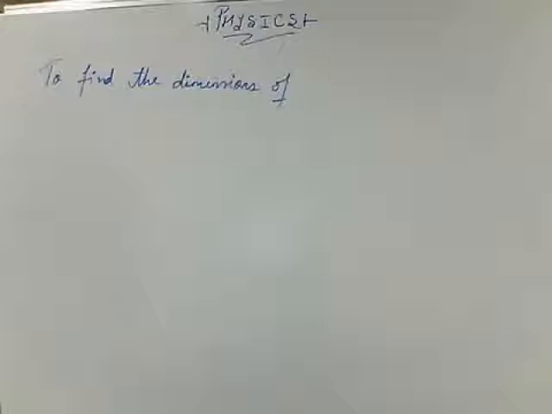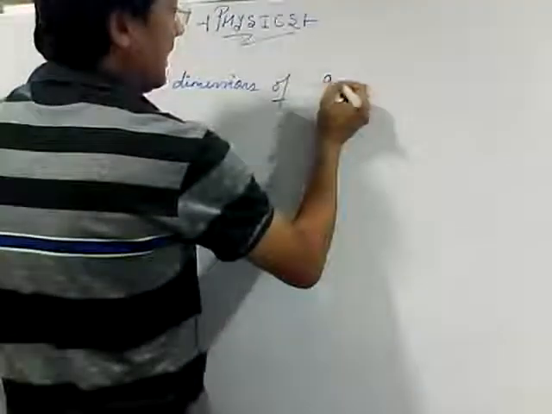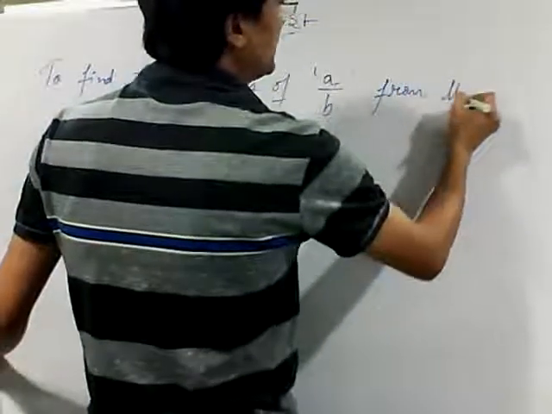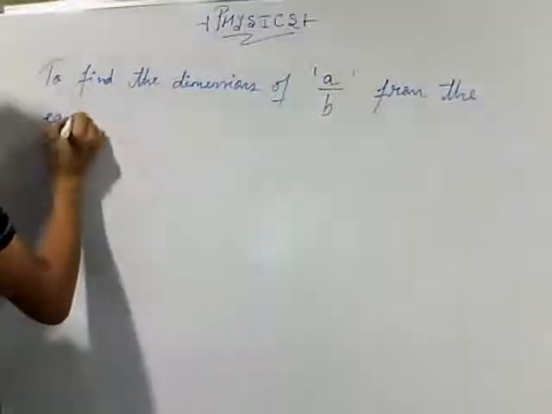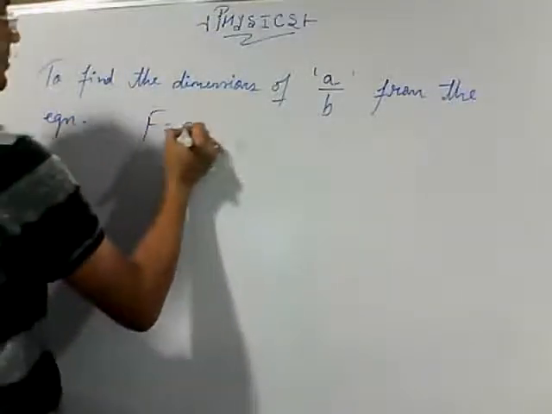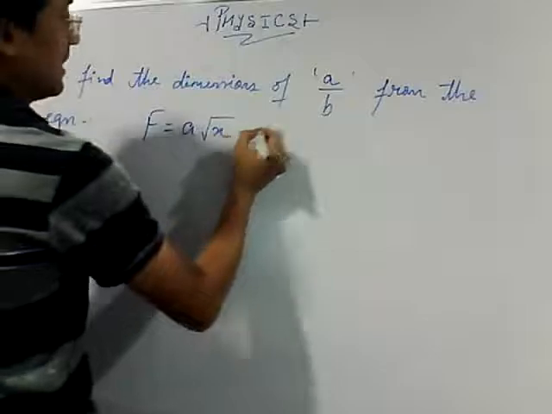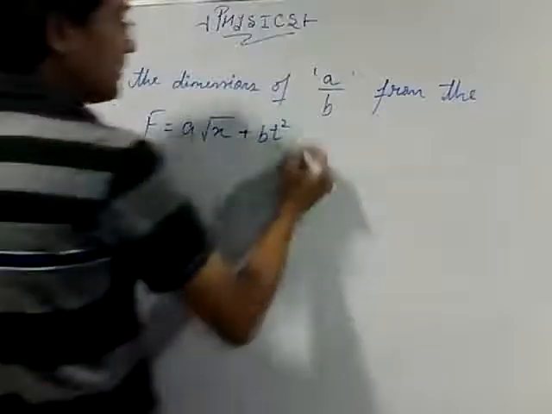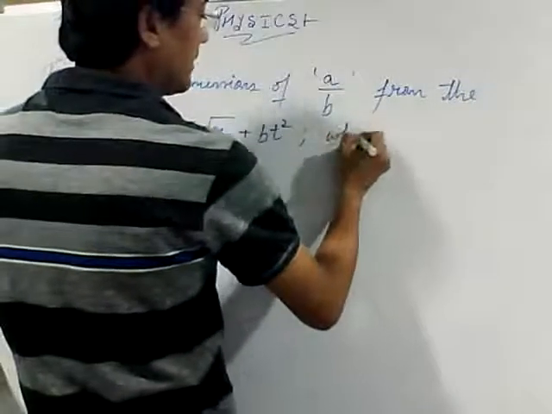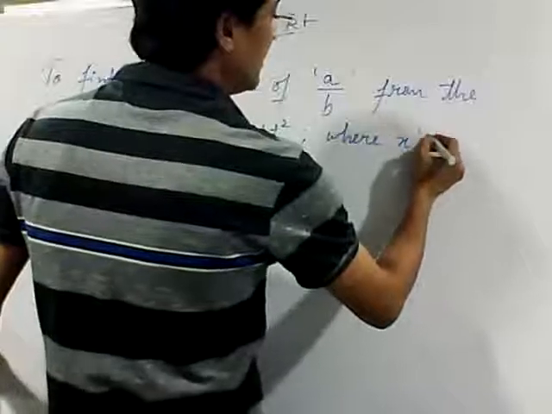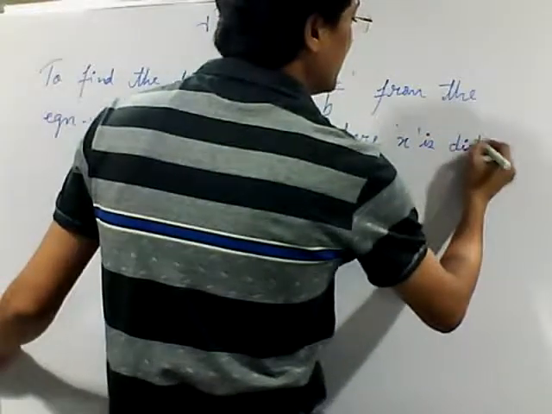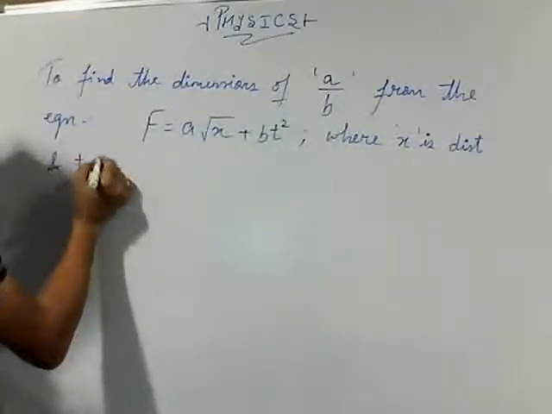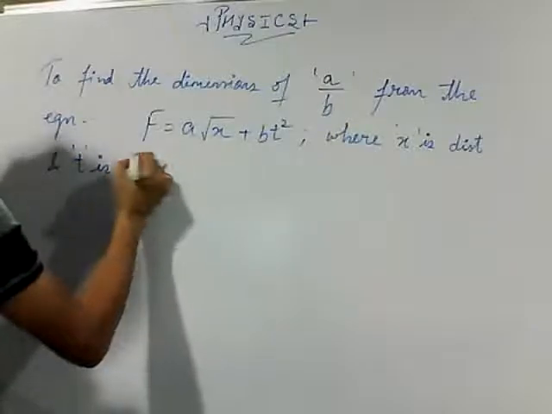Find the dimensions of A by B from the equation F = A root x plus bt square, where x is distance and t is time. F is, of course, force.